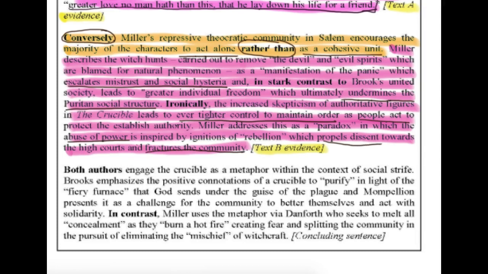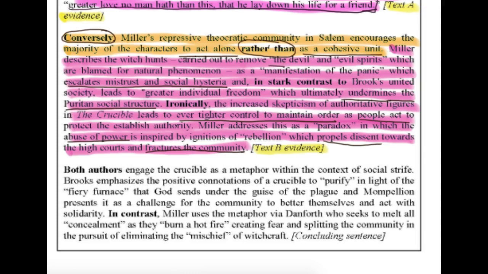So here I'm picking out the key parts which reflect the idea that the community becomes divided, the community is fractured, all the synonyms that we're using. And this is the opposite of Brooks's novel, where the community comes together in the face of crisis. So we're just picking out and constantly supporting and sustaining the idea.